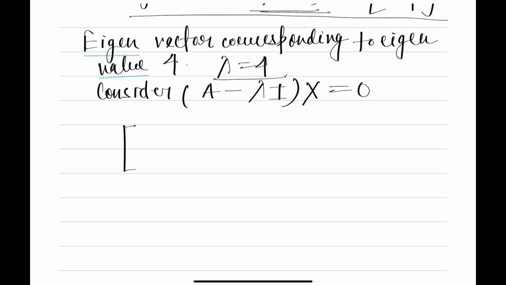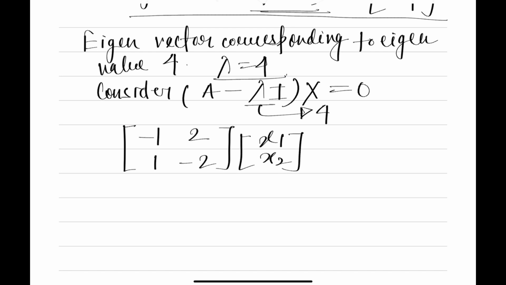Our matrix will be, putting lambda is equal to 4, [minus 1, 2; 1, minus 2] into [x1; x2] equals [0; 0].